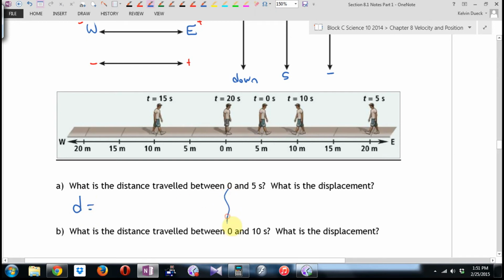I'll draw a line down the middle of the page. Symbol for displacement is that. Between 0 and 5 seconds, what's the distance traveled? At time 0, where did we start? 5. Where did we finish? So distance traveled is?